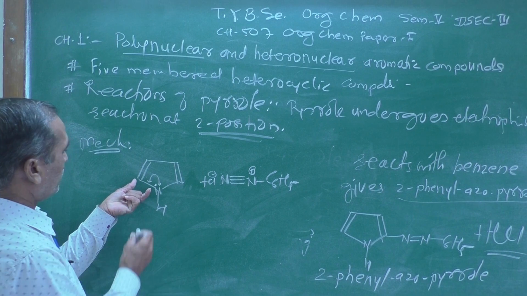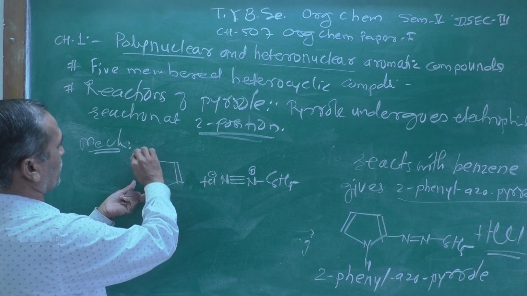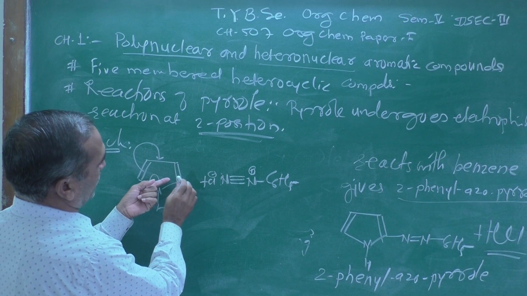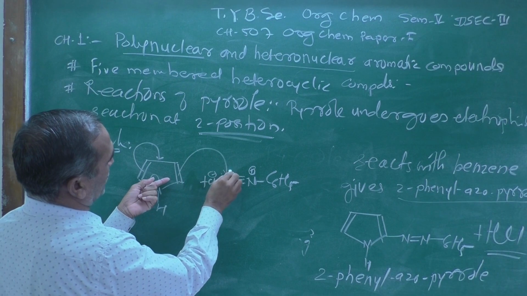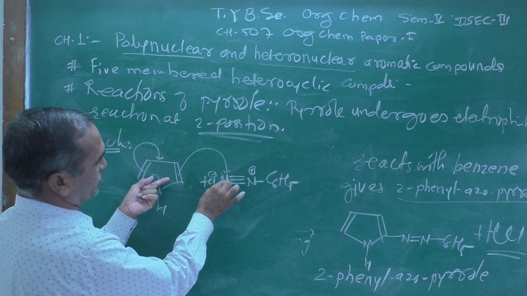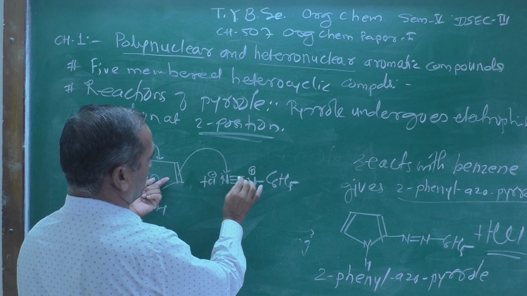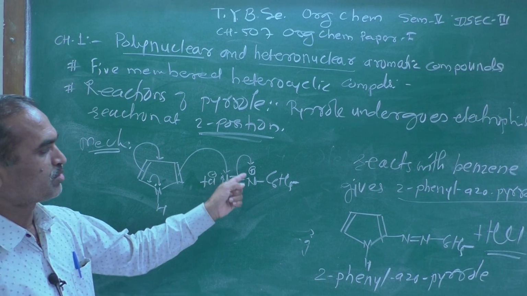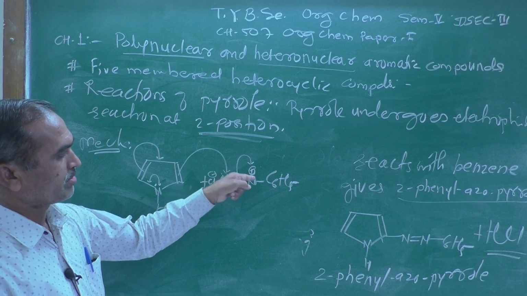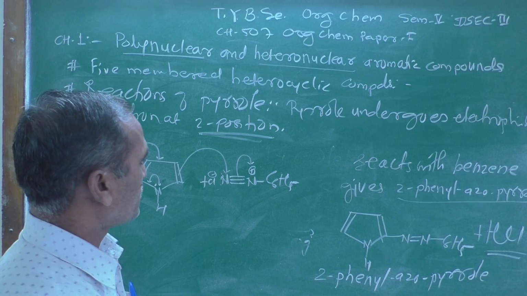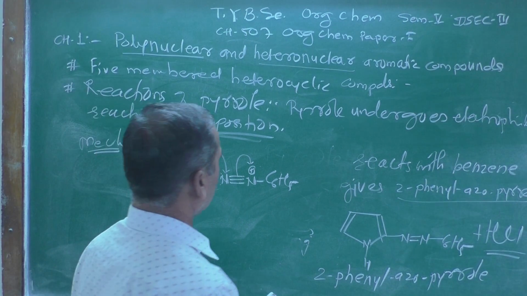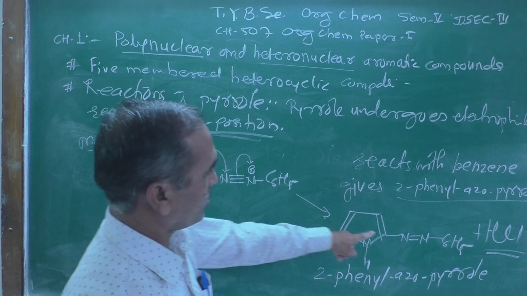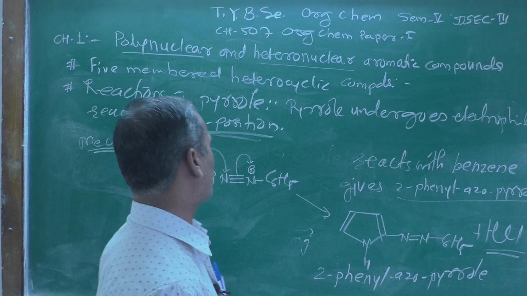Look carefully, after that this double bond is shifted from here to here, and this double bond is going to attack that nitrogen atom, forming a bond between carbon and nitrogen, and then there is a positive charge. That positive charge gets neutralized by the movement of one pi bond being broken, and that lone pair comes on that nitrogen atom, and the resulting product, which we already showed over here, look here, N double bond N, C6H5.